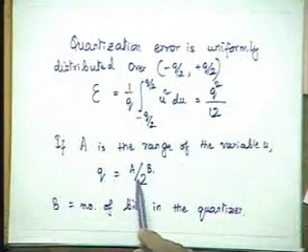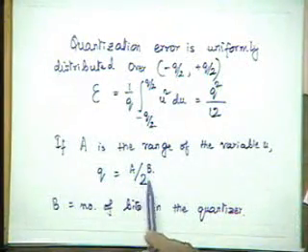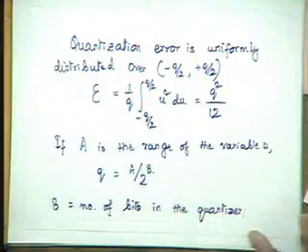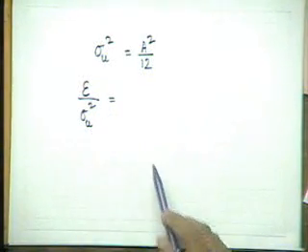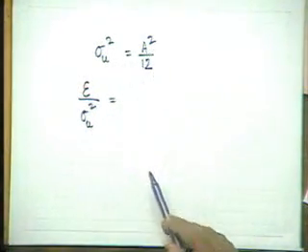I put back my earlier paper over here. This was Q equal to A by 2 to the power B, B being the number of bits. And now what I am interested in computing is the ratio of this mean square error E with respect to sigma square u, and sigma square u I know is A square by 12.